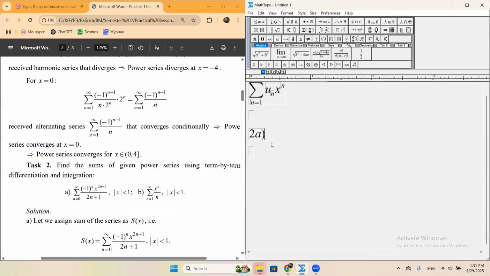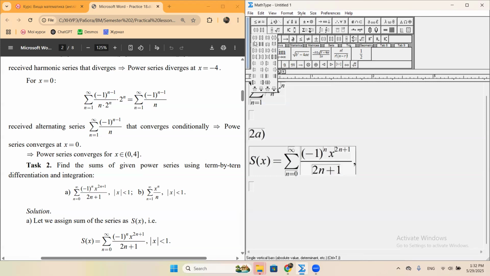So we will denote the sum of the series as the function that depends on this series: the sum for n from 0 to infinity of minus 1 in power of n times x in power of 2n plus 1, divided by 2n plus 1, where the module of x is less than 1.